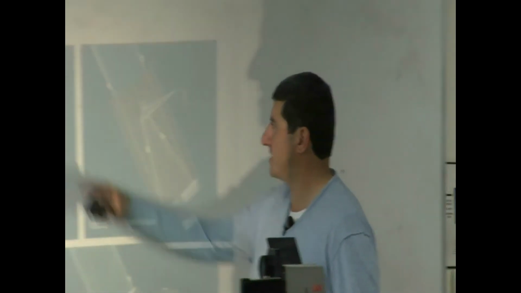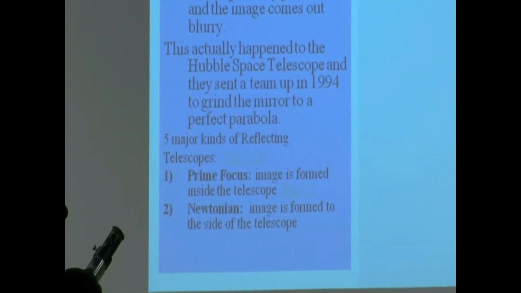The light comes, there's a mirror, and it bounces back, and you get inside. You see the person here? Well, of course, that's not going to be on sale in the store. Those are the professional astronomers. They're going to go inside of that one. So you see prime focus, image is formed inside the telescope. You can actually see her.